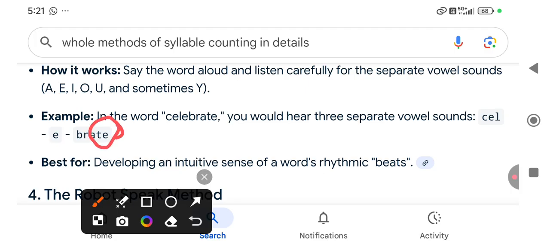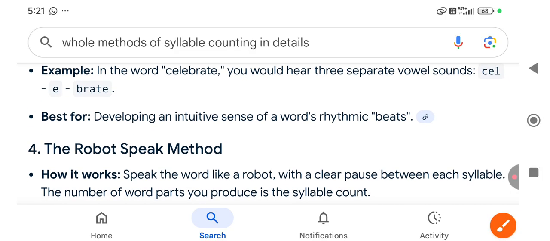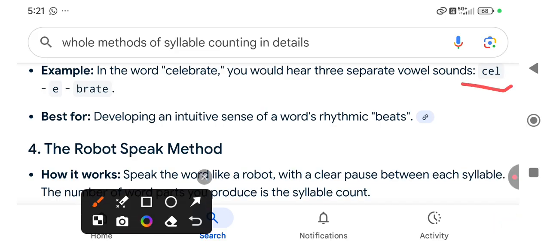But mind you, this vowel does not have a sound because this is the silent E. So here, the vowels which are pronounced are cell, e, braid. "Brate" is pronounced like this way, "braid". Okay, so just please take care.